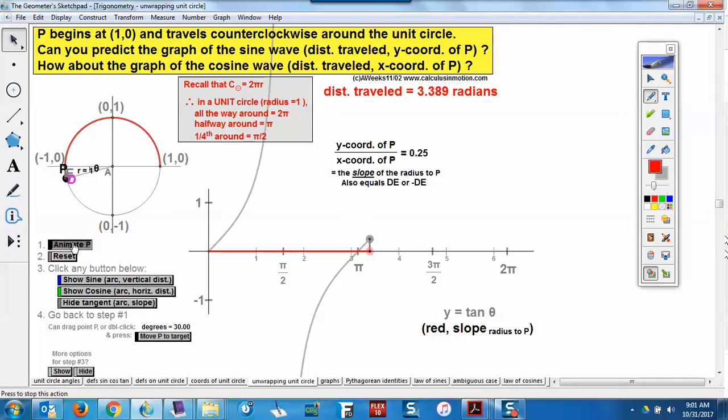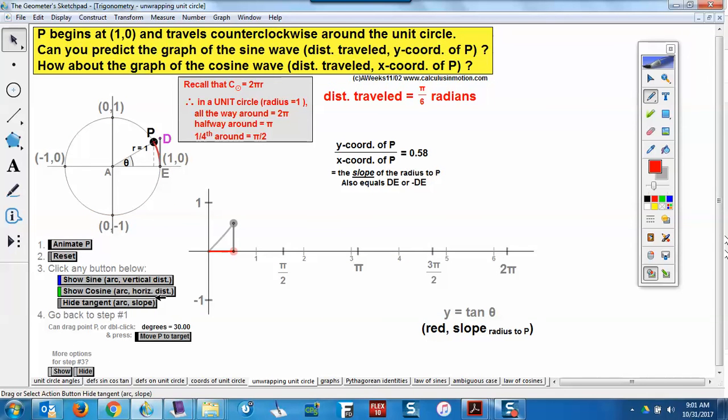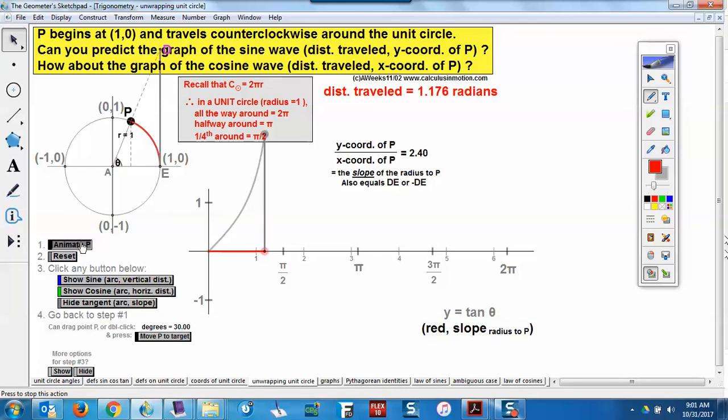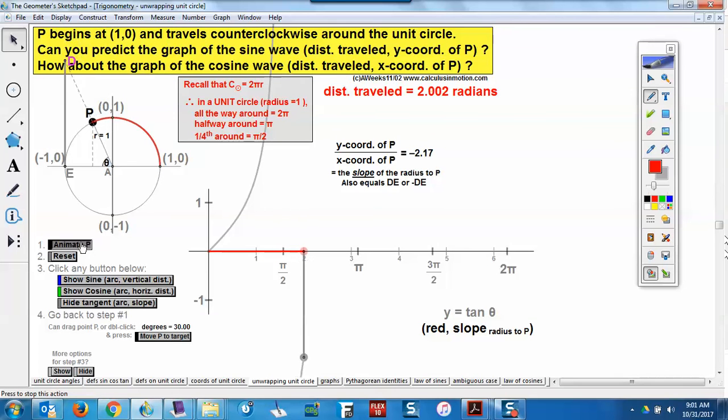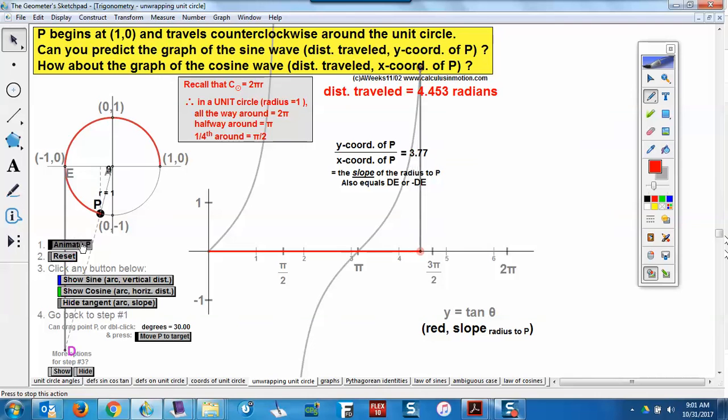Okay, so the tangent graph, if we start here. Tangent's actually the slope of this line. Because what's SOHCAHTOA? What's tangent? Opposite over adjacent. You know what that is? That's y over x. That's rise over run.